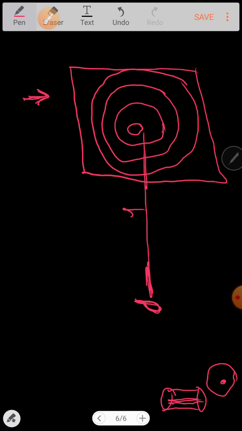Let this distance be equal to B, and this distance will be B plus lambda.